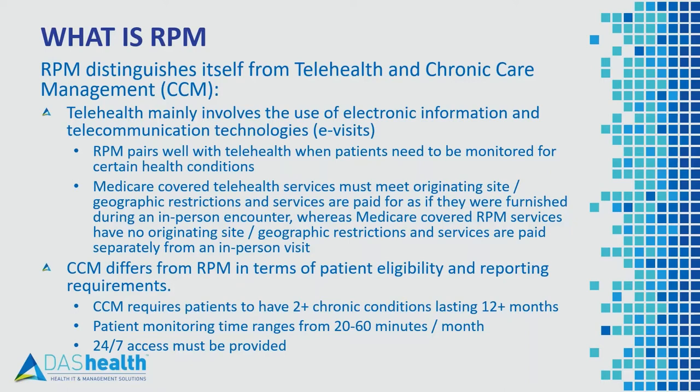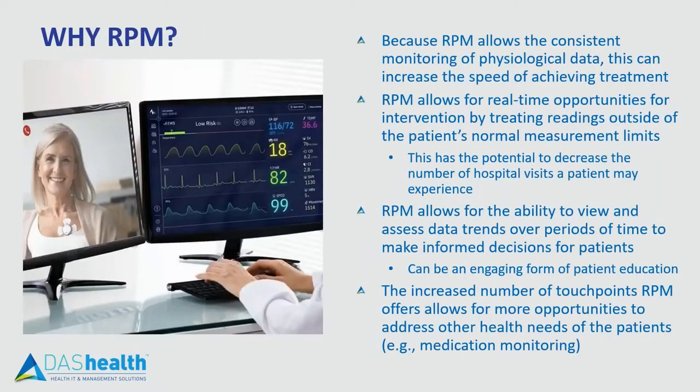So CCM actually requires patients to have 2 or more chronic conditions lasting longer than a year. So remember, you only have to have one acute or chronic condition to be eligible for RPM. Also with CCM, patient monitoring times range from 20 to 60 minutes per month, and 24/7 access must be provided. So CCM is a little bit more stringent on their requirements versus RPM.